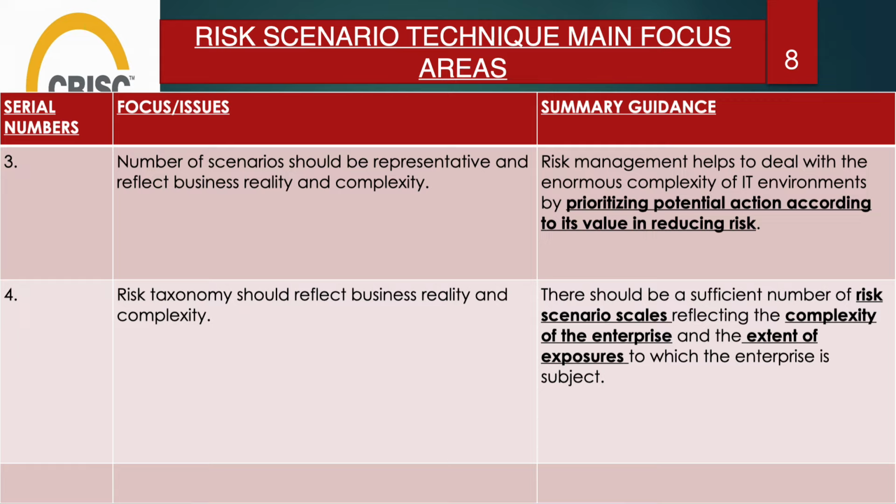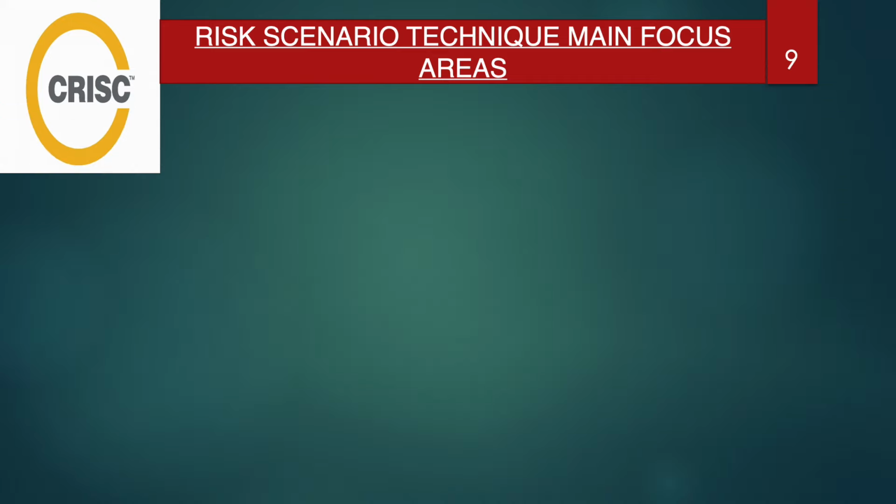Let's understand it. Friends, there should be a sufficient number of risk scenario scales to represent the enterprise complexity and the breadth of the enterprise exposure. So to achieve consistent utilization, scales should be coordinated and shared throughout the company. Let's move further ahead.